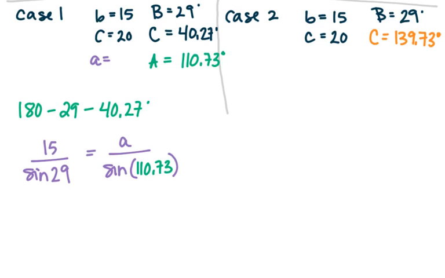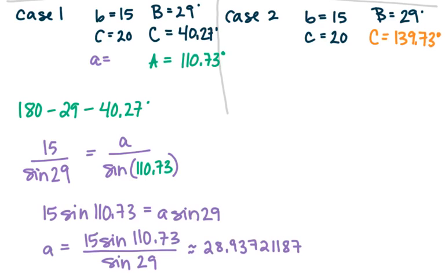With a quick cross multiply, we get this, divide by sine of 29. I have 15 times the sine of 110.73. Use your answer button or store that value, and then divide by sine of 29.